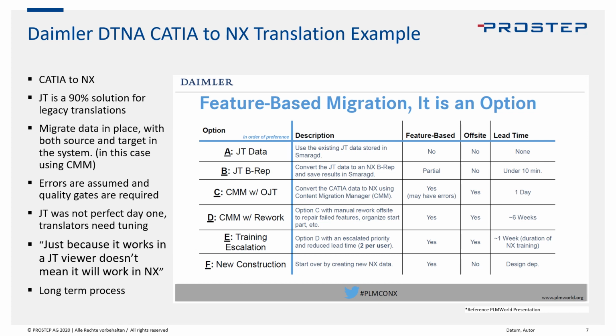So they had different levels of translation, and they figured out that if they had good JT data, then they could leverage that in most of the cases, right? That's a big takeaway from this. Then also, JT wasn't perfect, right? So even if it worked within the visualization, it might not work within NX effectively coming through the translator.